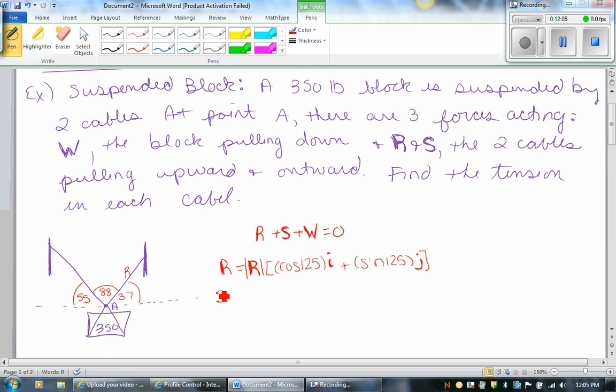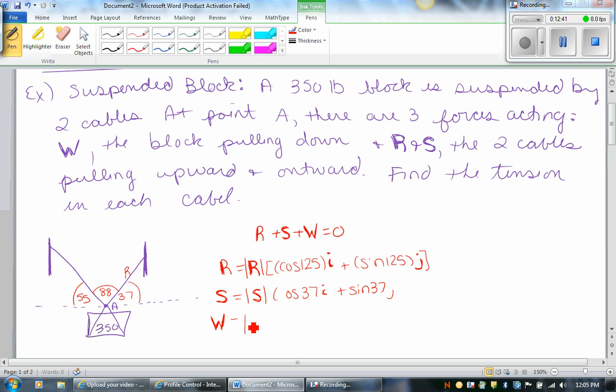We're going to do the same for S. We find that magnitude: cosine of 37 i, plus sine of 37 j. And then W, which again is the block actually pulling down.